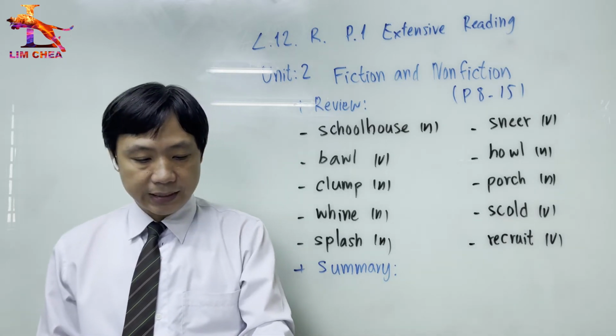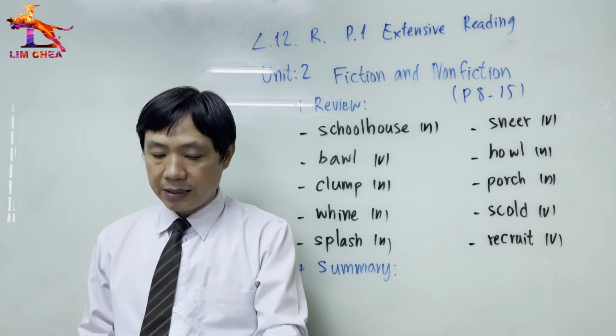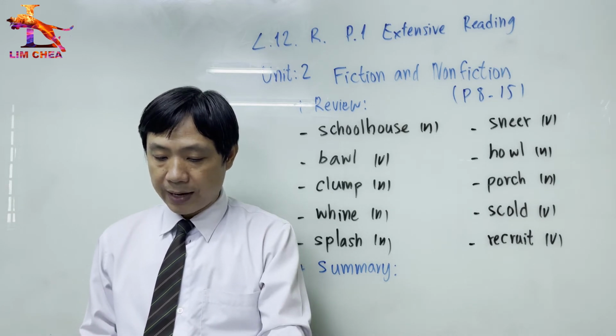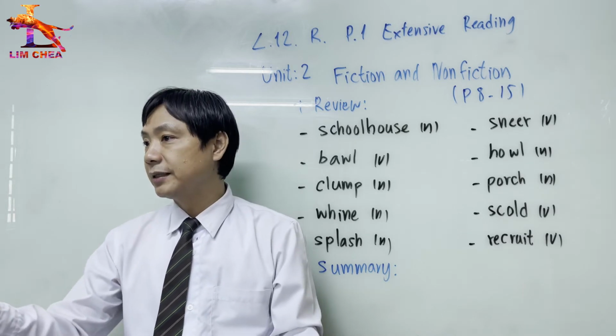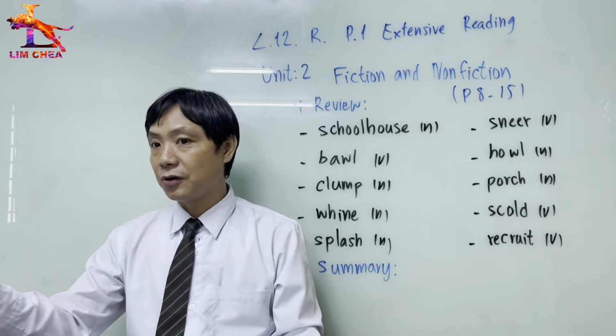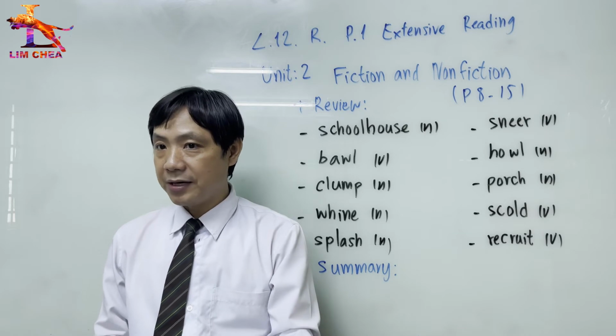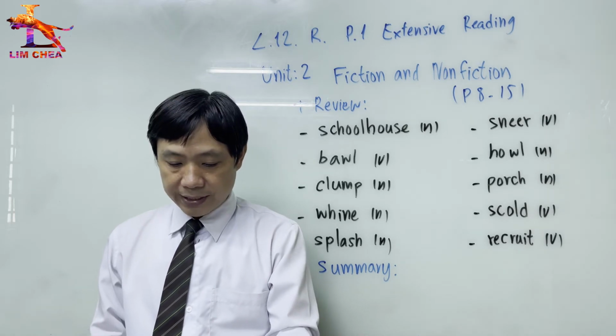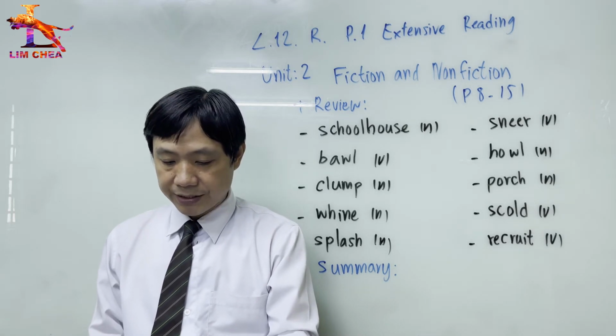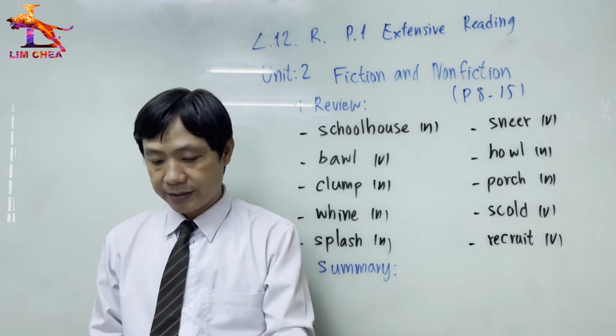Another one is clump: a small group of trees or plants growing close together. You can say cluster. Example: to escape a drenching, I sheltered in a clump of trees.